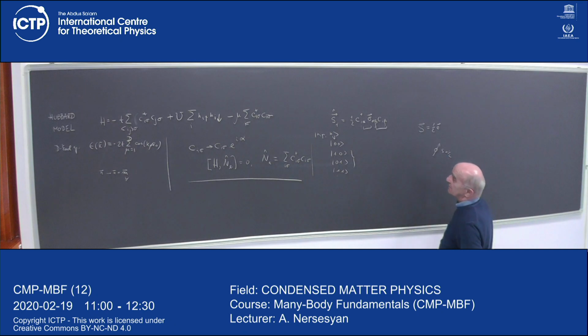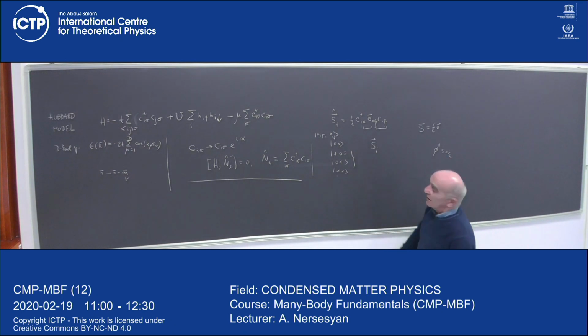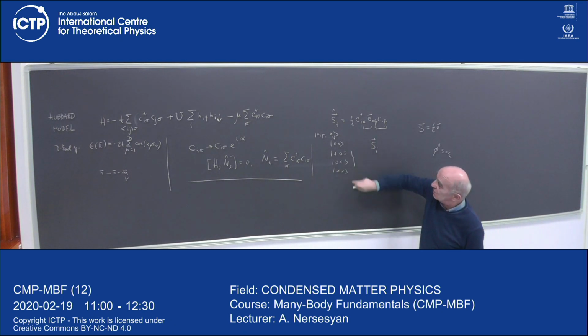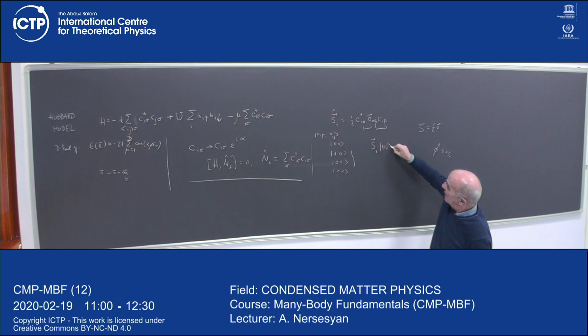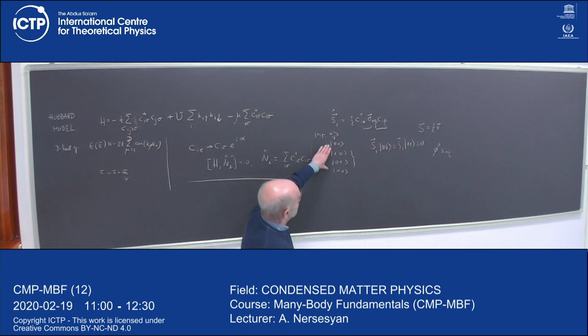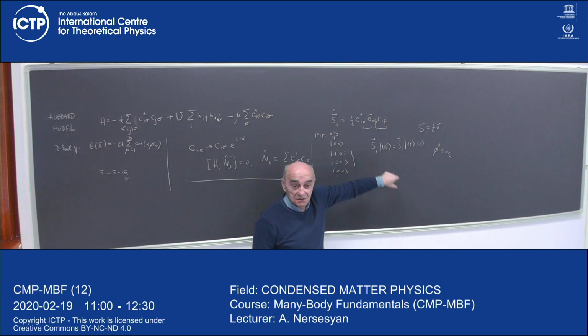On the other hand, if you consider the action of this spin operator on any of the two states, you will get 0. So this subspace of empty and doubly occupied sites appear as vacua for the spin operators, if you wish.